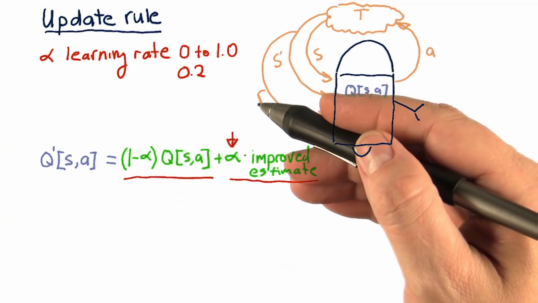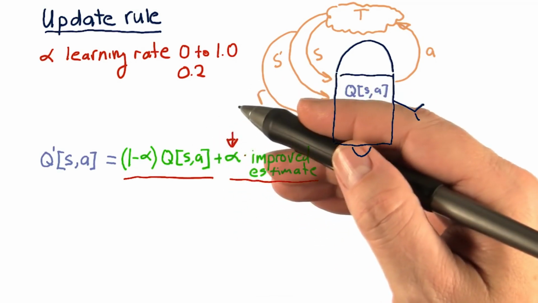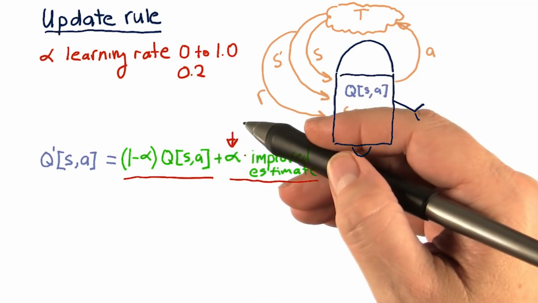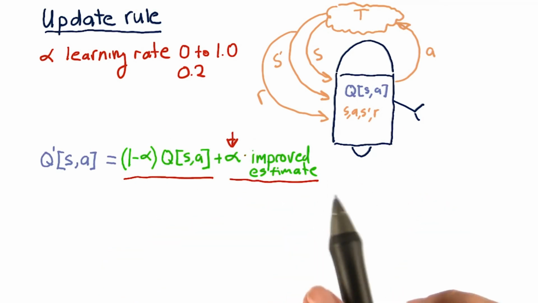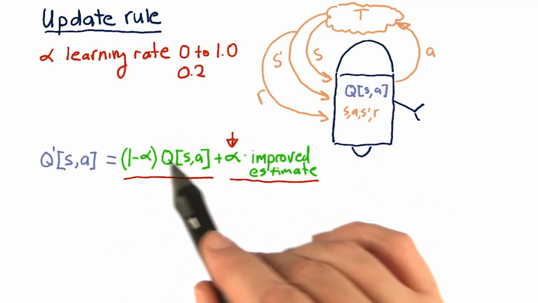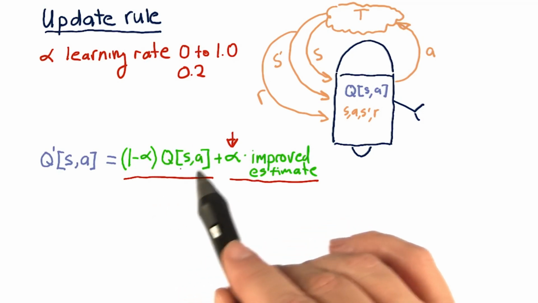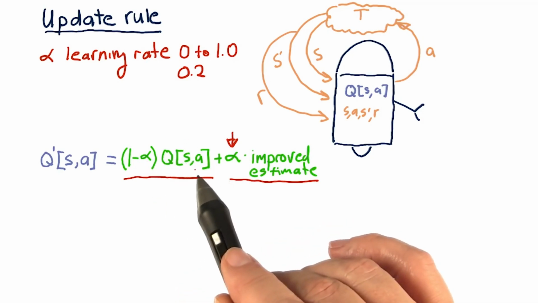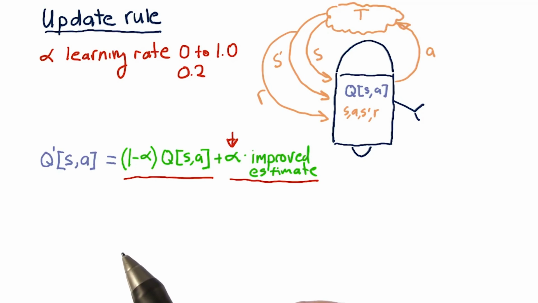So larger values of alpha cause us to learn more quickly. Lower values of alpha cause the learning to be more slow. So a low value of alpha, for instance, means that in this update rule, the previous value for Q of S, A is more strongly preserved.